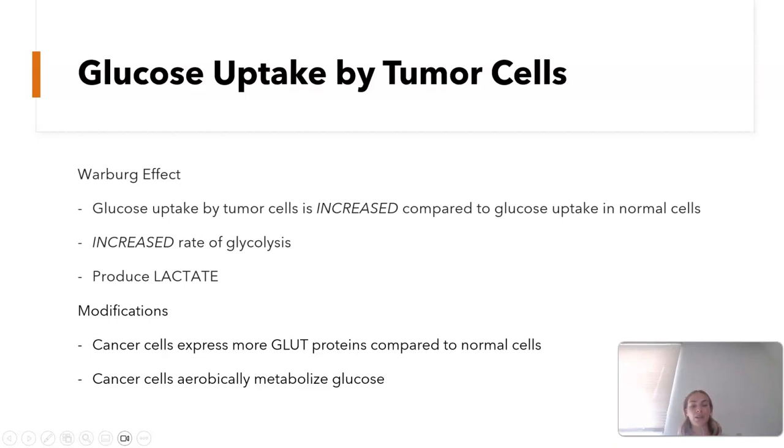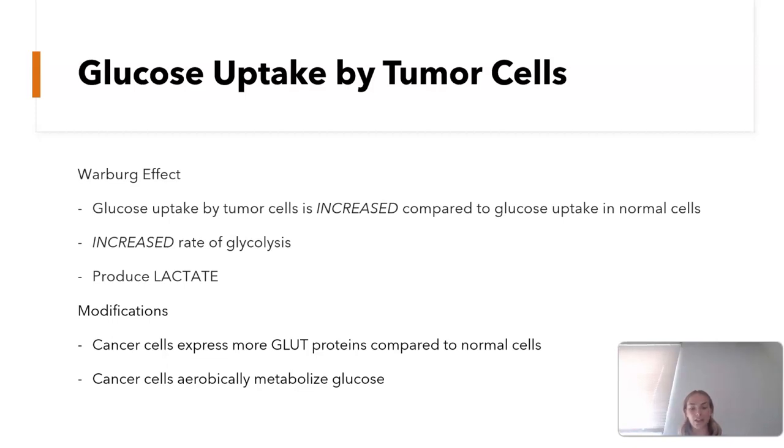So the modifications that we see so that these changes happen can be described through their expression of more GLUT proteins compared to normal cells. This allows them to optimize their energy supply and increase their rate of glycolysis, which I just mentioned.